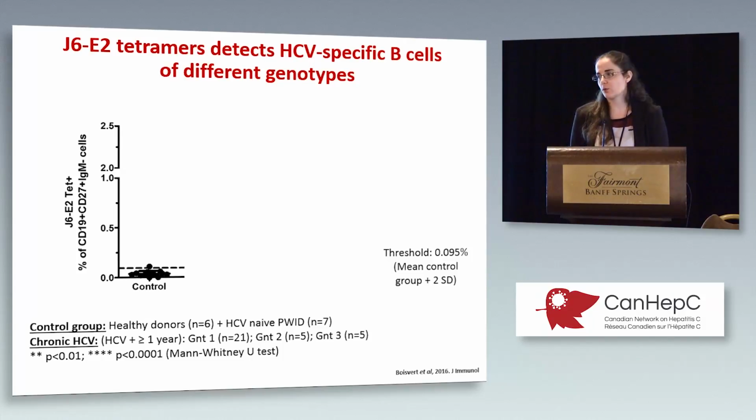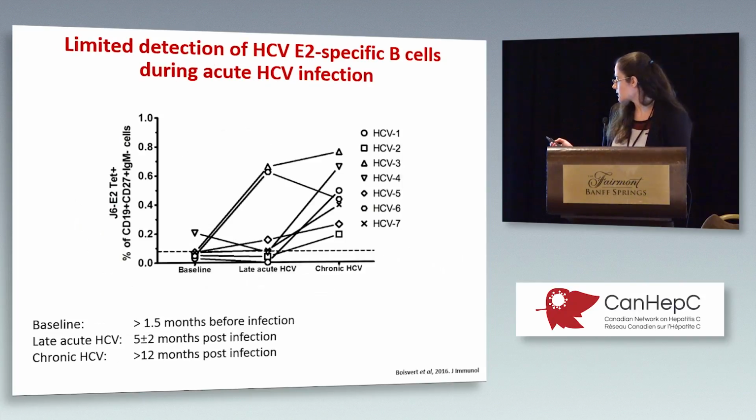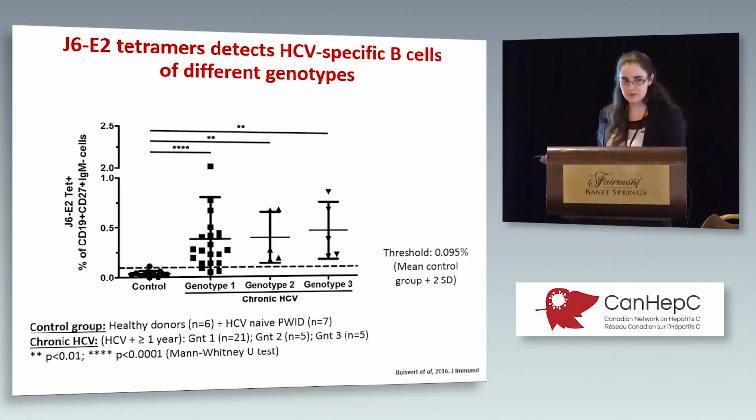In those people, we could see barely any binding to the tetramer, and we used this control group to establish our threshold of binding. Then we used samples from chronically infected patients with different HCV genotypes. And for all the genotypes, we could identify an HCV-specific B-cell population in most of the samples.